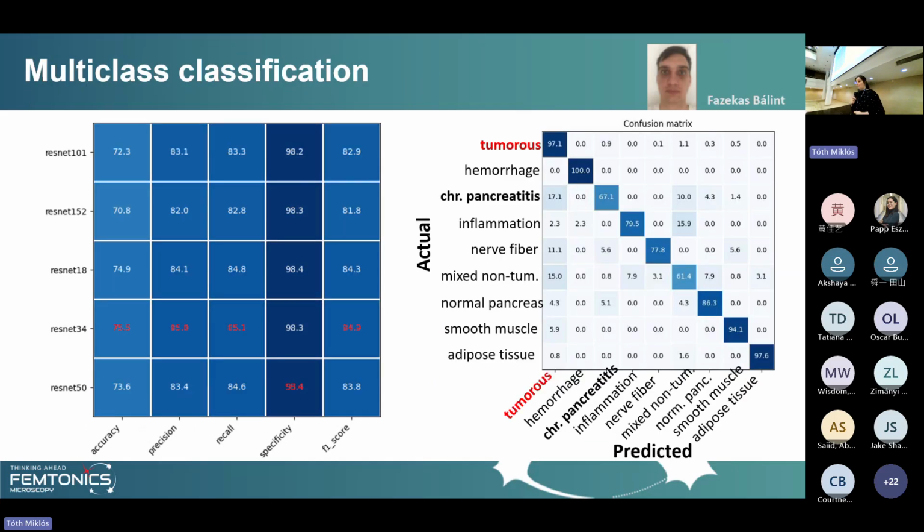And the next step was multi-class classification, where the model was trained to distinguish between the several tissue categories I have shown you previously.